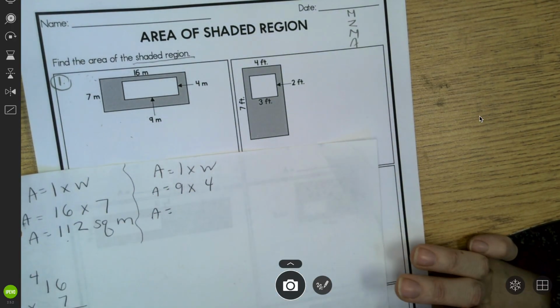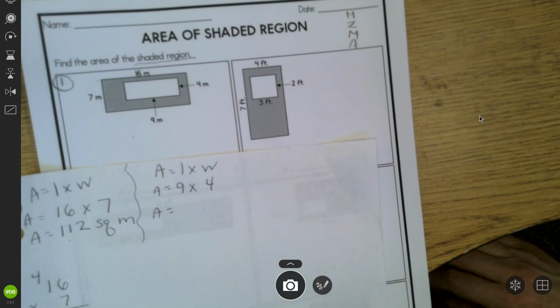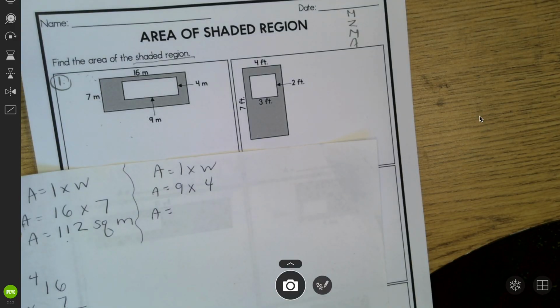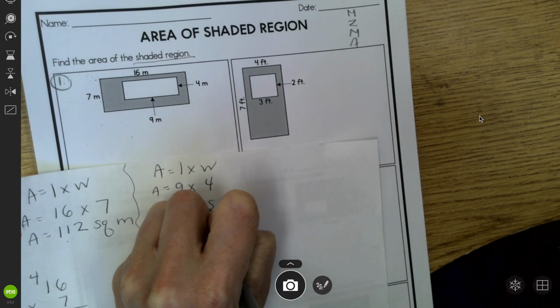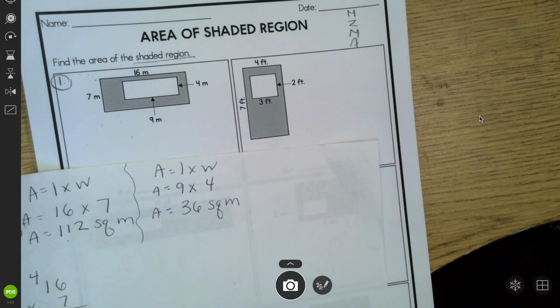Area equals, now I'm going to skip count by 9s 4 times. 9, 18, 27, 36, stop, 36 square meters.